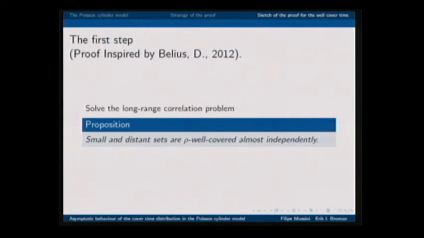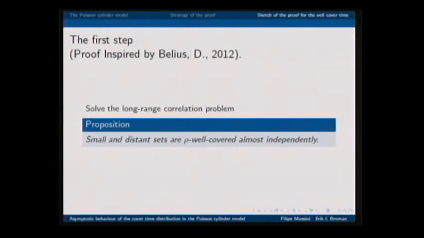So the first step is to solve the long-range correlation problem. We used the result by Teixeira and Windisch, and then we can show that if we have small and distant sets, they are covered almost independently.